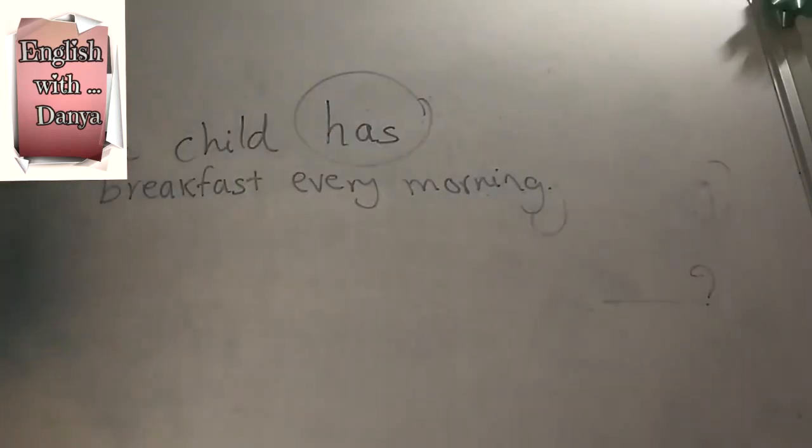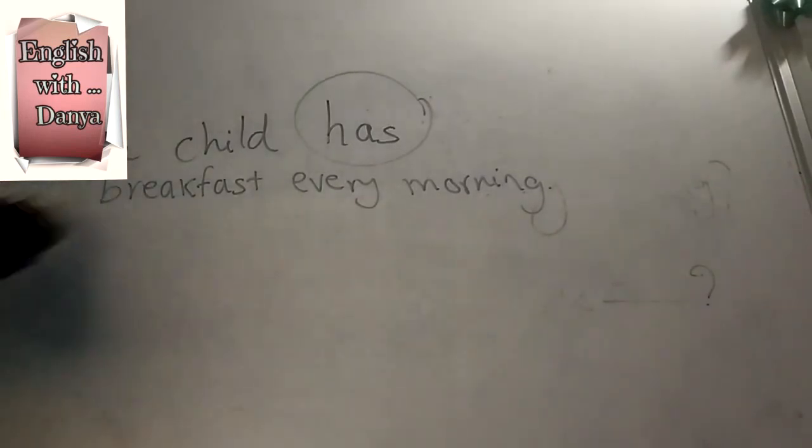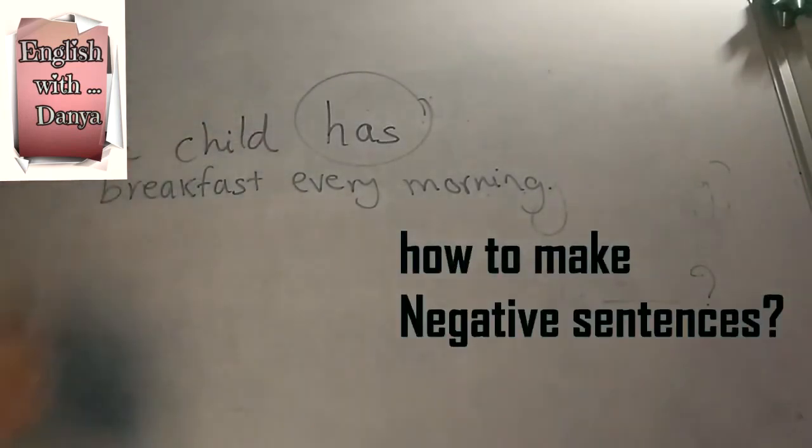Another thing that we need to look at is how to make a negative sentence. Usually, to have a negative sentence, we need to use not in the sentence, right? But there is one thing that we need to look at. Here we have, the child has breakfast every morning.